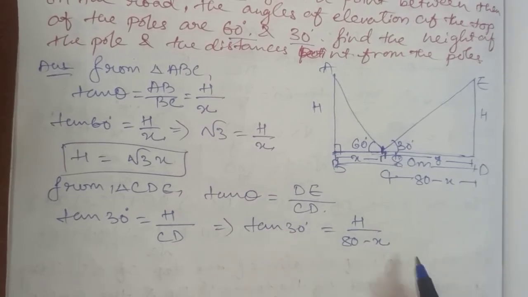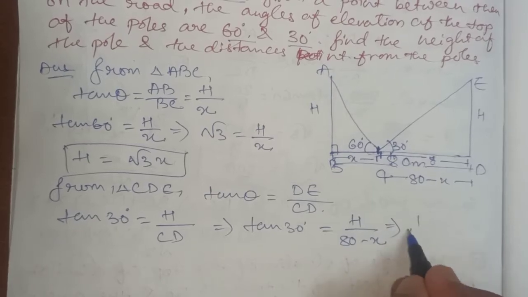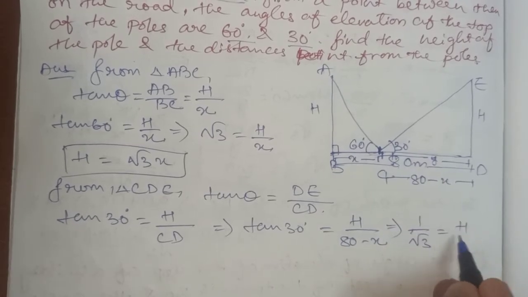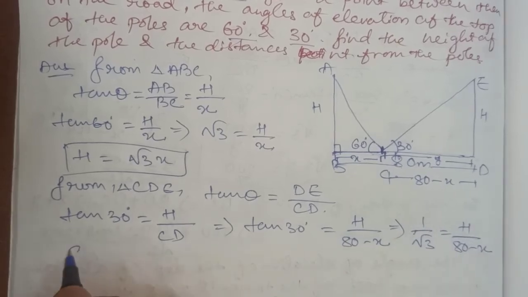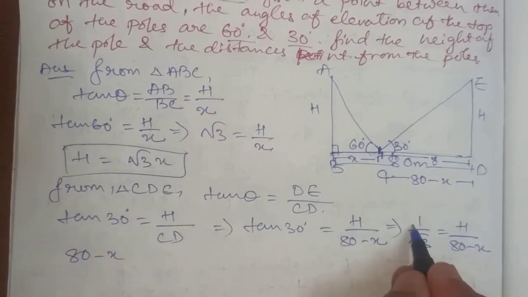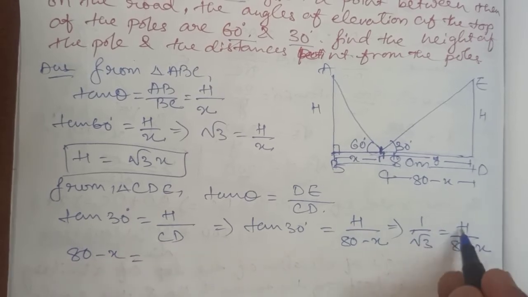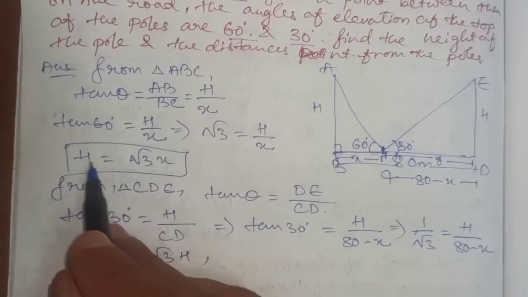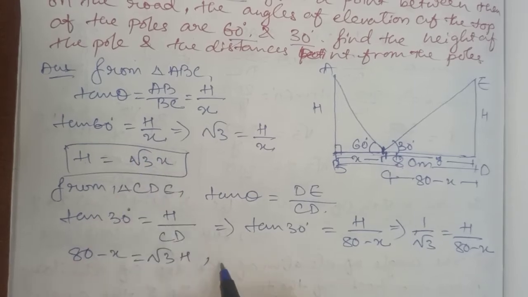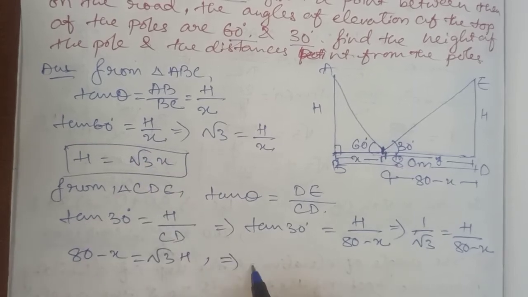Now substitute the value of tan 30. Tan 30 is 1 by root 3, equals h by 80 minus x. Just cross multiply. You will get 80 minus x equals root 3 h. In place of h we can write root 3 x, because the value of h is root 3 x.